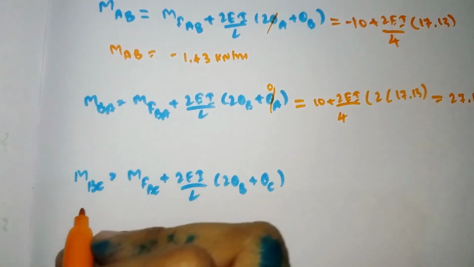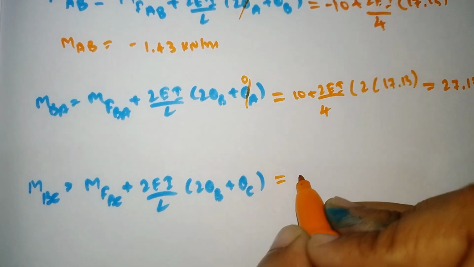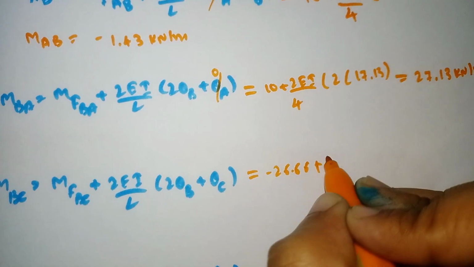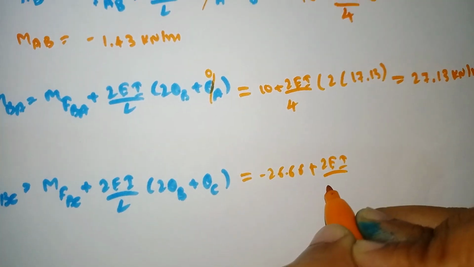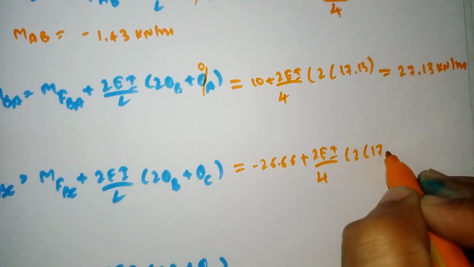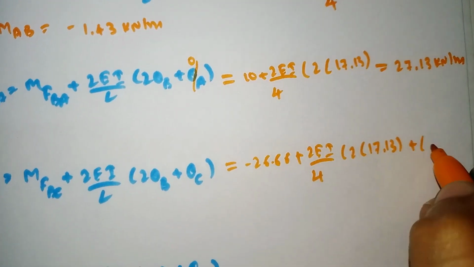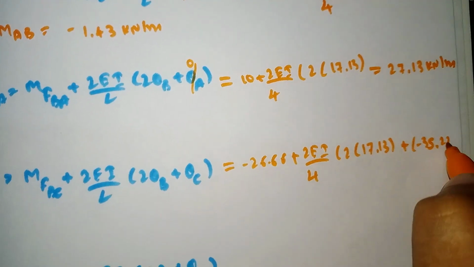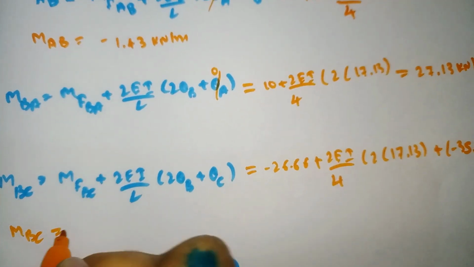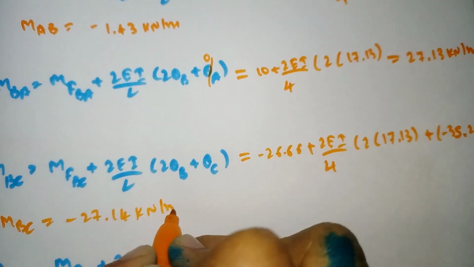Similarly for BC, MFBC, fixed end moment of BC we got was minus 26.66 plus 2EI divided by length is 4 meter. 2 into theta B value is 17.13 plus theta C value is minus 35.22. So simplify it, our MBC value will come out as minus 27.14 kilonewton meter.